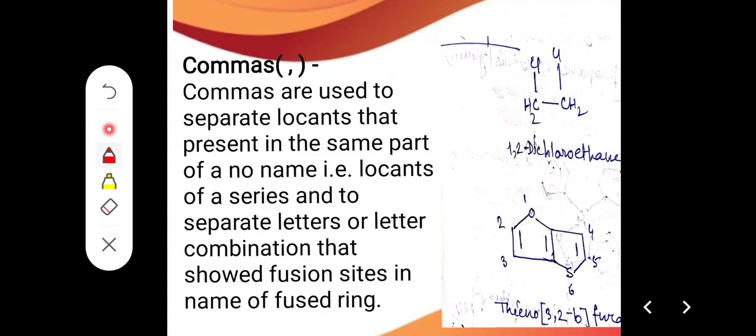First one, comma. Commas are used to separate locants that are present in the same part of a name, that is locants of a series, and to separate letters or letter combinations that show a fusion site in names of fused ring systems.